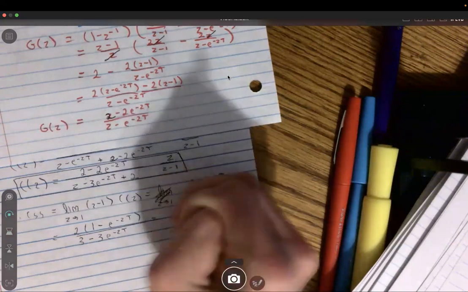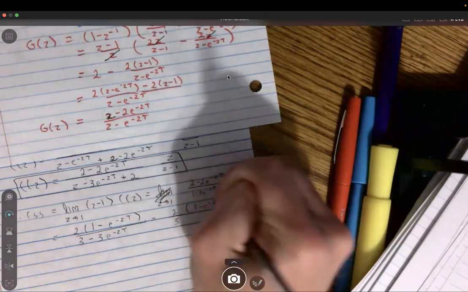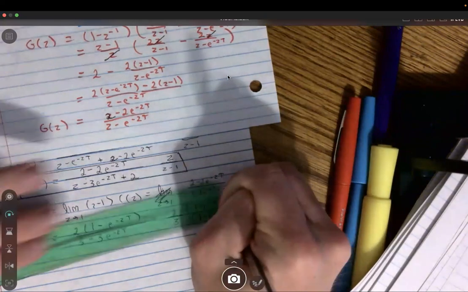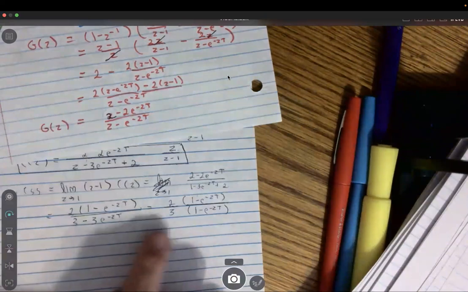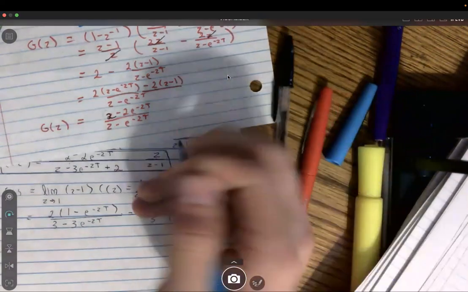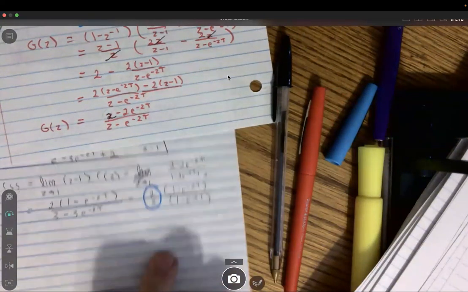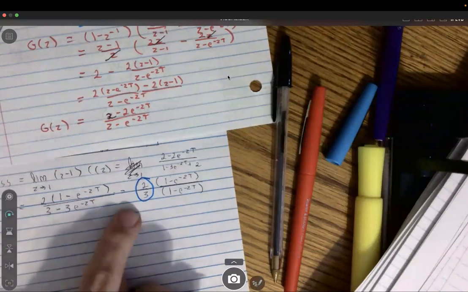You can pull out a 3 in your denominator, so it'd be 2 over 3, and then 1 minus e to negative 2t in the numerator and 1 minus e to negative 2t in the denominator. Recall for your first order system, this is your value of k, which is your final value in front of your first order. So 2/3 is going to be your final value, your steady state value.